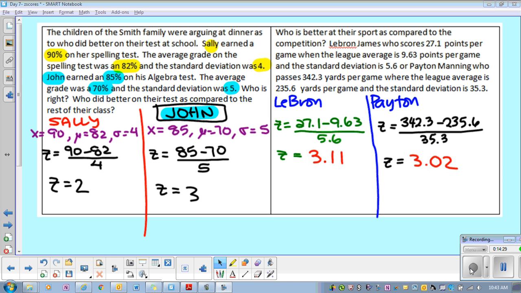Yep, you were right. LeBron James. But he didn't do better by that much. So, I get it. LeBron James is a very good athlete. But when we look at their stats and we get their z-scores, then we can compare. It's apples to apples now. We're talking about the same thing. Any questions about this?